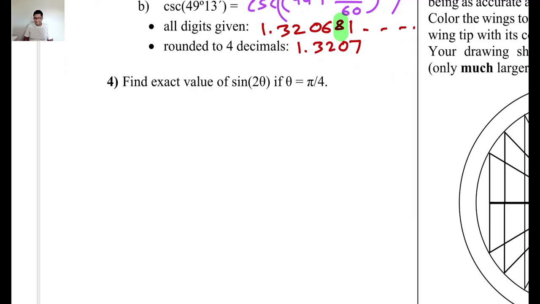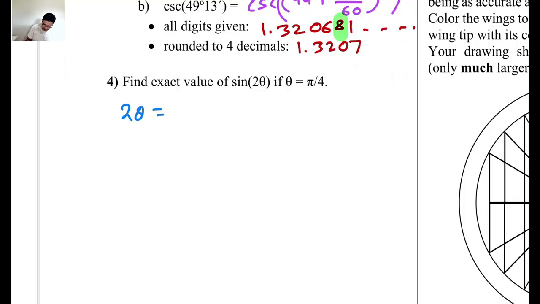All right. Next question. Find the exact value of sine 2 theta if theta is pi over 4. This question could be used for some other applications also.